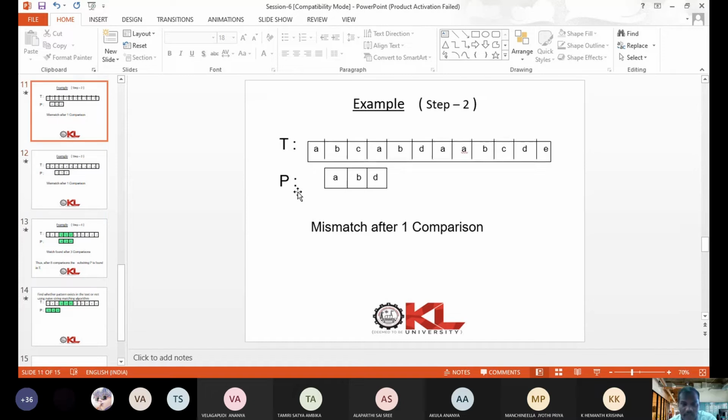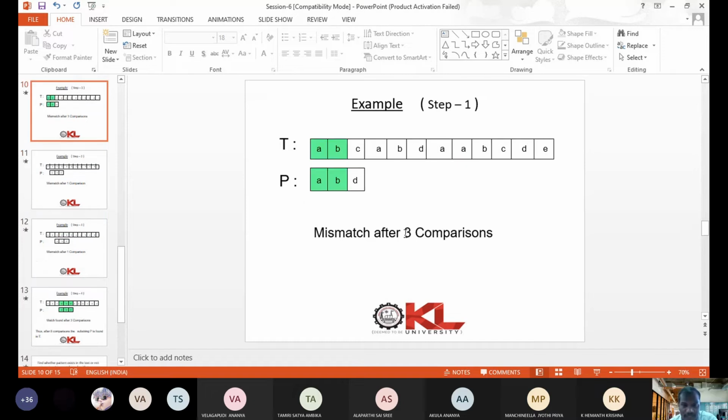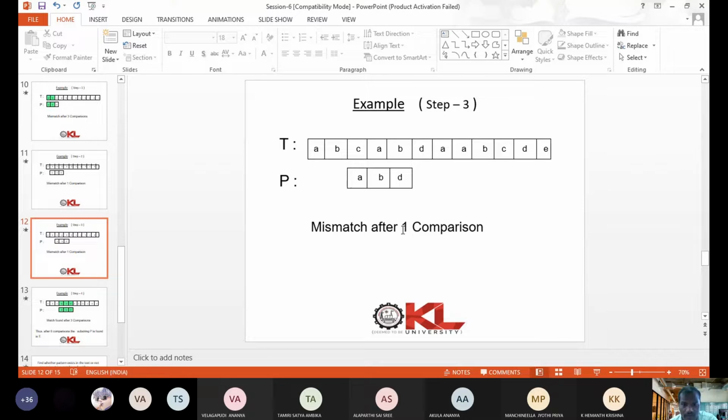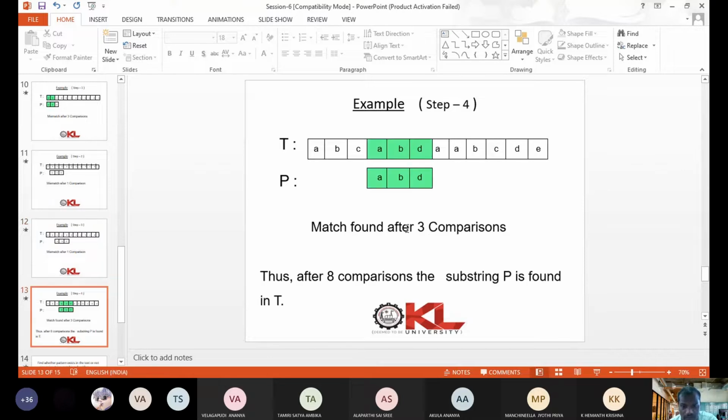See, we started here. Here 3 comparisons are made. Mismatch occurs. So this is 3 plus, here 1 comparison, so 3 plus 1, 4. Here one more, 4 plus 1, 5. 5, then 3 comparisons, 8. So in total we made 8 comparisons to find the substring P in T. Okay?